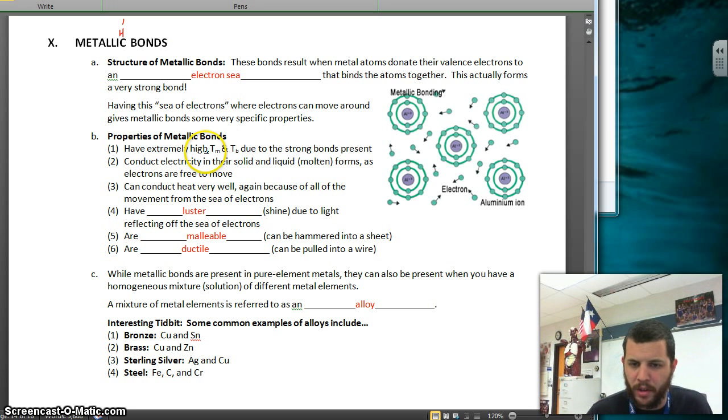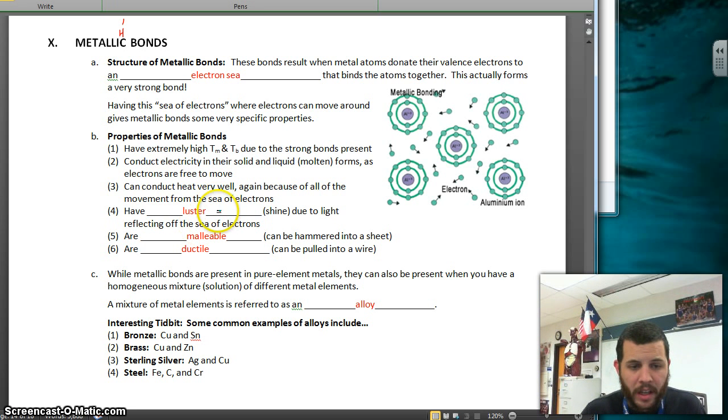So you've got all your little metal atoms, and then there's a sea of electrons which swims around in between those atoms.